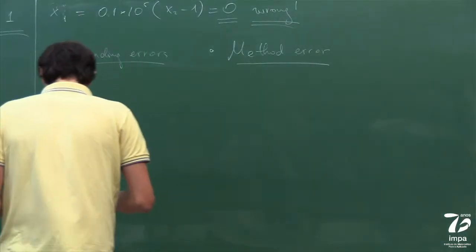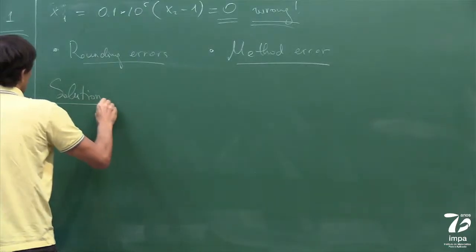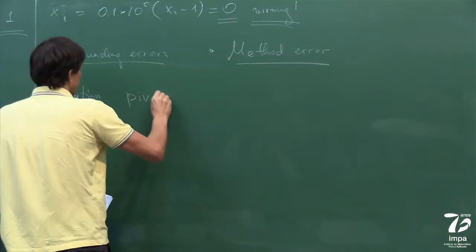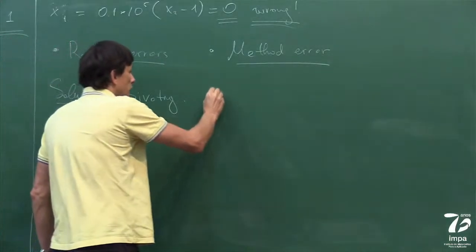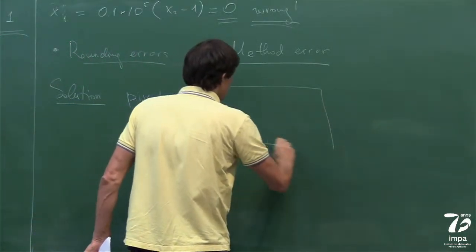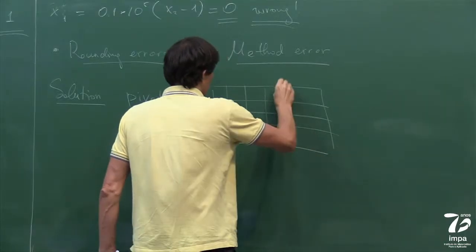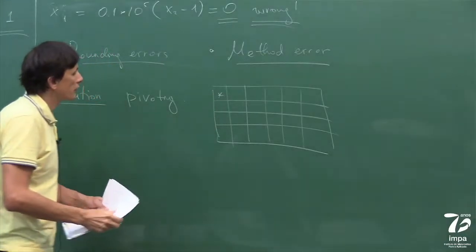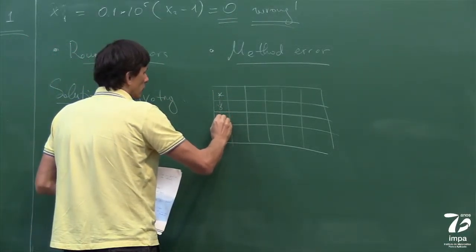And there is a solution. The usual solution for this problem is called pivoting. Whenever you use the Gaussian elimination method, remember that you take one of the values and try to eliminate all others, to put all of them to 0.